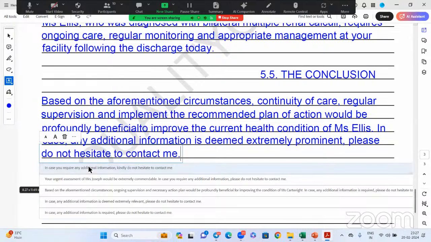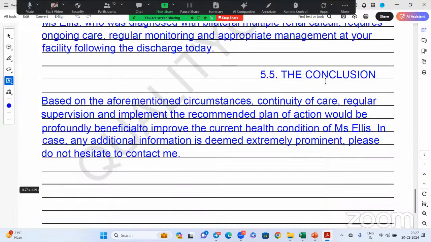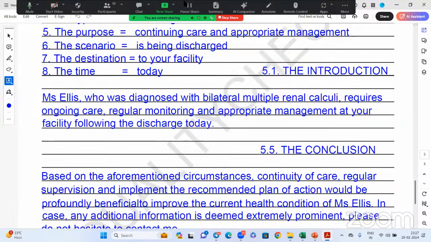Finished. So this is the introduction and this is the conclusion. Okay.